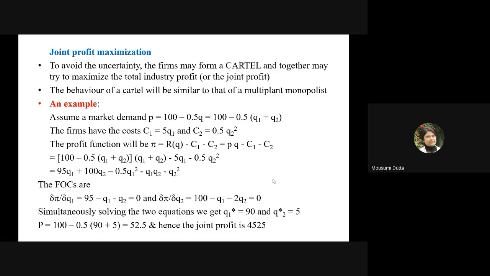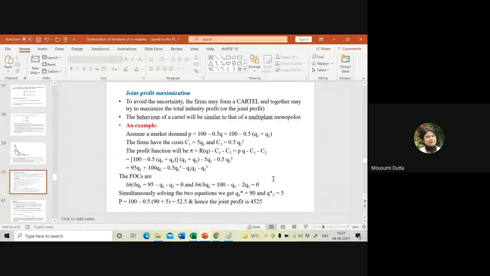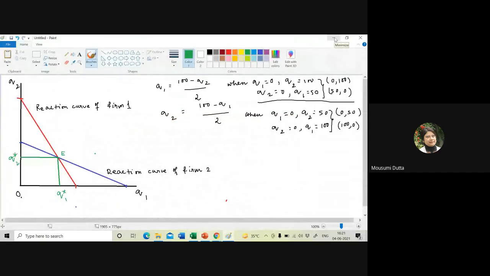So up to this, there are three equations: the price equation and the C1 and C2 equations. First, we will solve these equations for the Cournot purpose, and then we will come to the joint profit maximization purpose. One by one we will do so that things become clear to all of us.